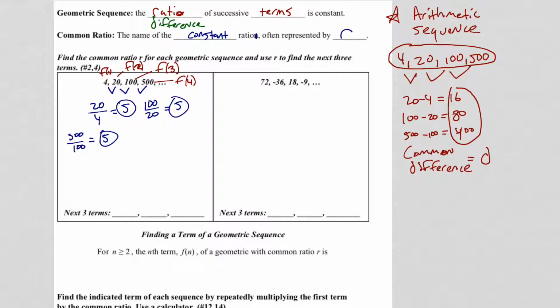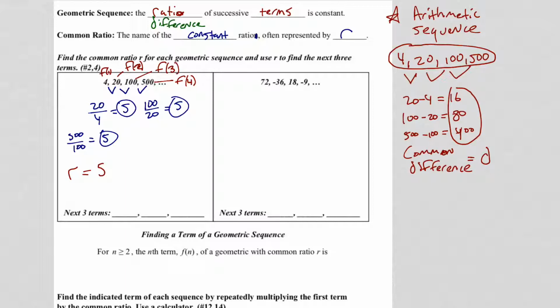So if you're given, like you might be, hint, hint, on a future quiz, give me f of 1 of this geometric sequence, you should definitely get this right because it's going to be the first number in the list of numbers. So we have now found R. Instead of looking for D, in a geometric sequence we find R, which represents our common ratio. And R in this case is 5.